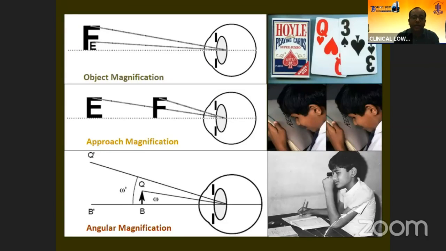The larger the visual angle, the larger is the retinal spread. In approach magnification, the patient brings the object closer to the eyes, so that relative magnification occurs based on the distance. It is used mostly by children as they have a larger amplitude of accommodation.